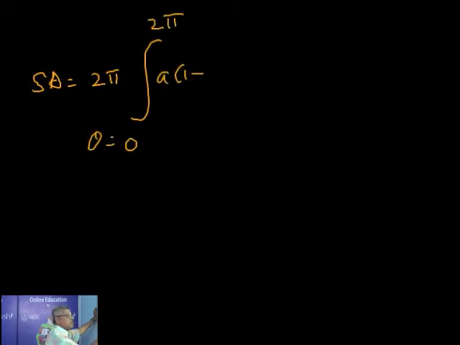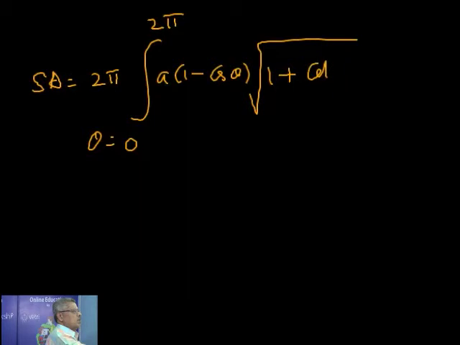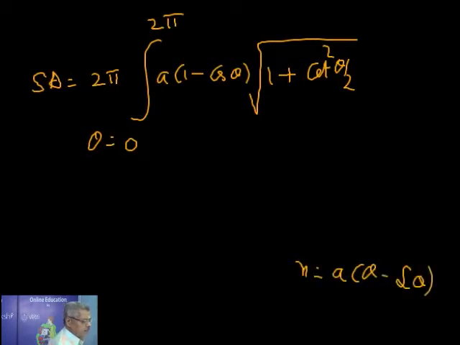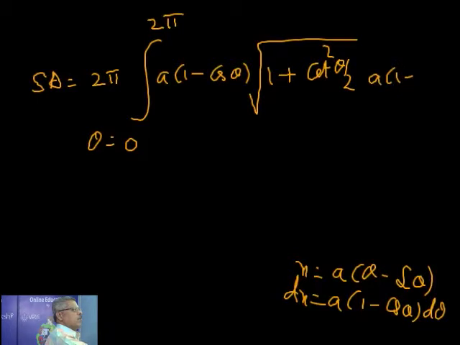Surface area is 2 pi integral, theta varies from 0 to 2 pi, y is a into 1 minus cos theta, square root of 1 plus dy by dx whole square. dy by dx is cot theta by 2, therefore you get cot square theta by 2. dx: x is a into theta minus sin theta, therefore taking the differential, a into 1 minus cos theta d theta. That's all. Everything is over.